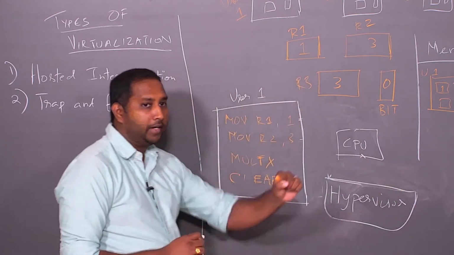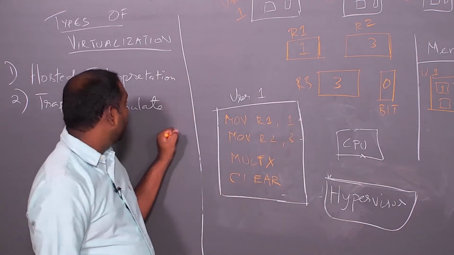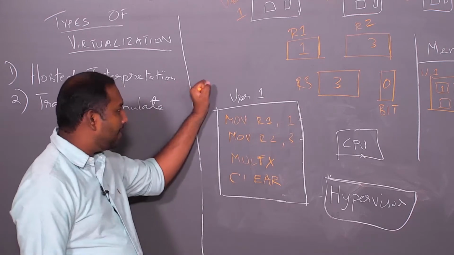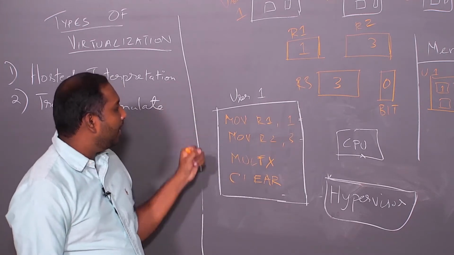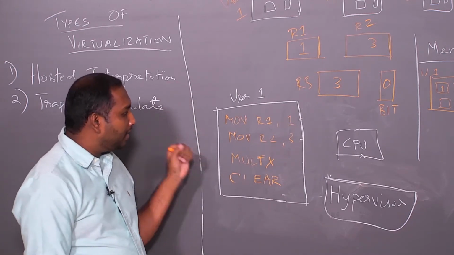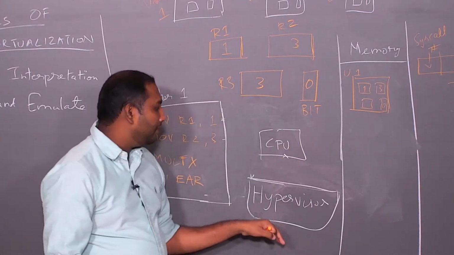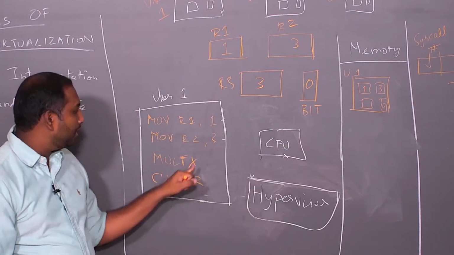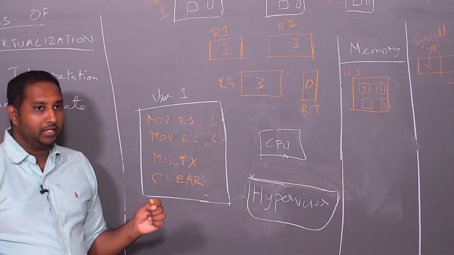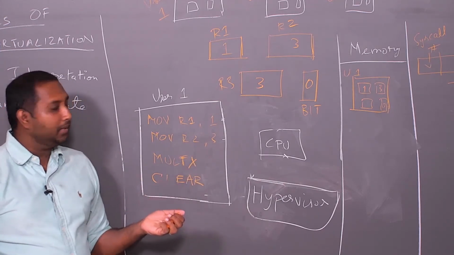So we are now using trap and emulate. We have the same program, user 1. Before user 1 can run, the hypervisor has to, if required, restore everything from memory so that user 1 can run. So that part is still there. Let's assume that part is done.